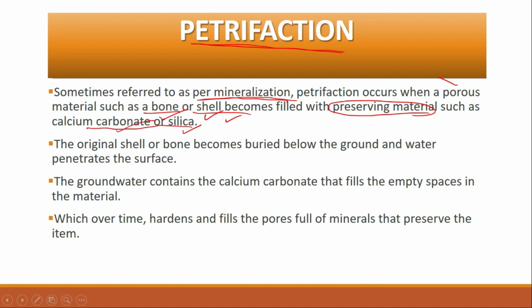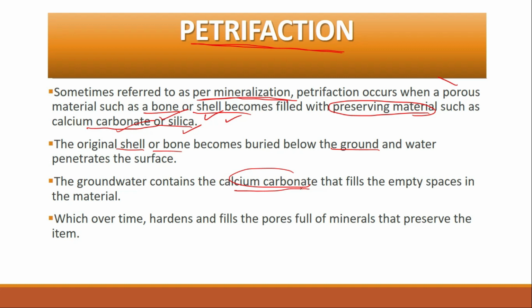Now how does this petrification actually take place? When the original shell or bone got buried, the organism died and it got buried below the ground. Now below the ground there is water, underground water, and the underground water penetrates the surface. The groundwater contains calcium carbonate or silica, it depends. Here we are taking it as calcium carbonate.